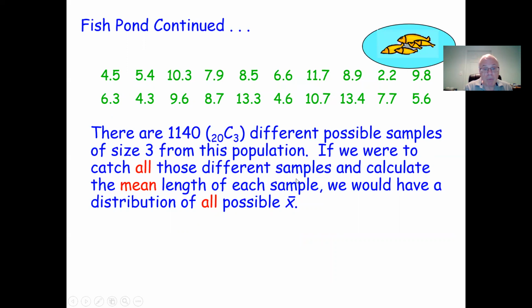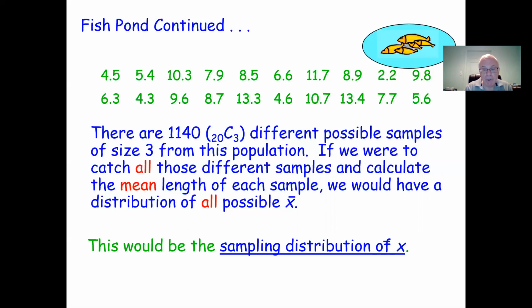So the list of all 1,140 means of sample size 3 is what's called a distribution of all possible means, and we call that a sampling distribution. So a sampling distribution is a list of all possible sample statistics of a certain size, in this case, the sample mean of size 3.